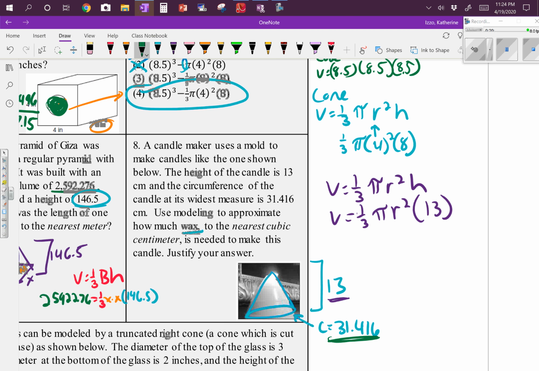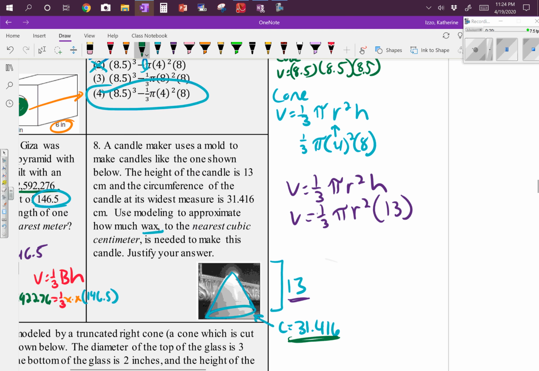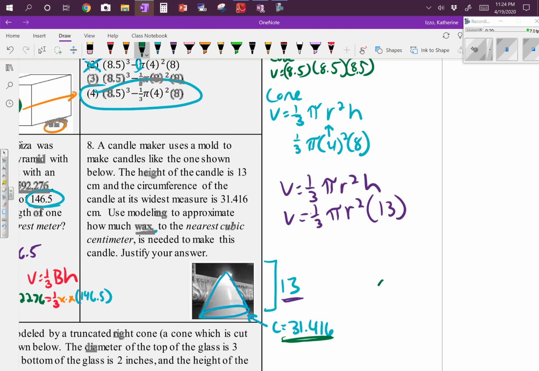So we're going to need to work backwards from that circumference. Circumference is equal to 2 pi r. So we're going to take this 31.416 and set that equal to 2 pi r. And then you can menu 31 that to figure out what r is.